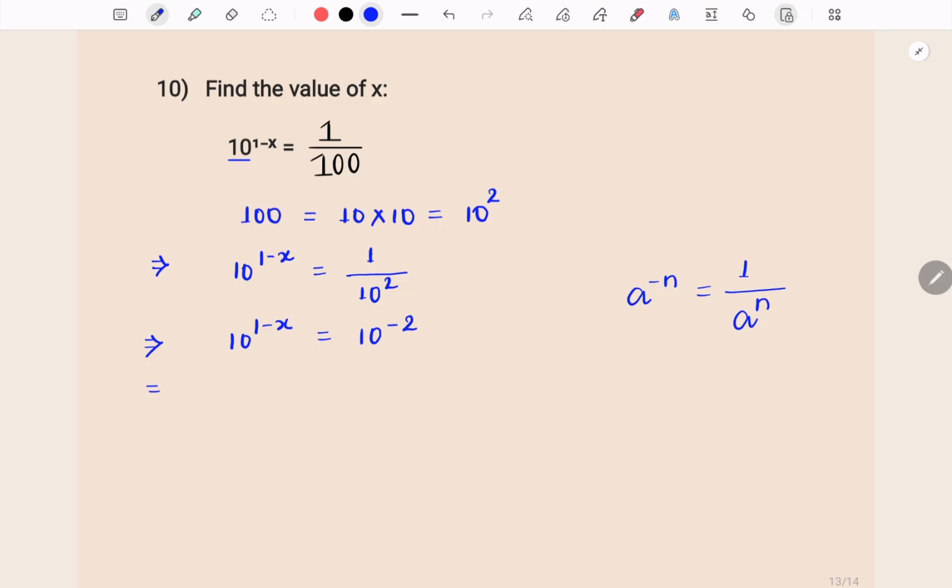So now, if we compare both sides of this equation, we can simply see that this 1 minus x is nothing but negative 2. Solving this equation gives x equals 3. And this would be the answer for this question.